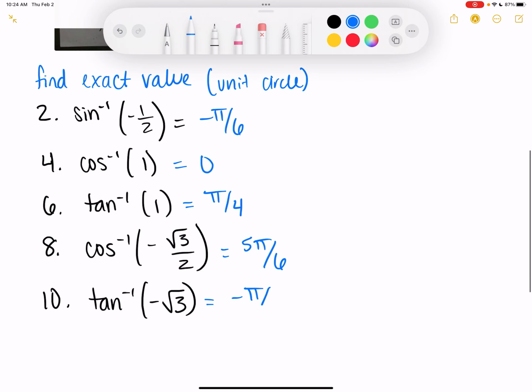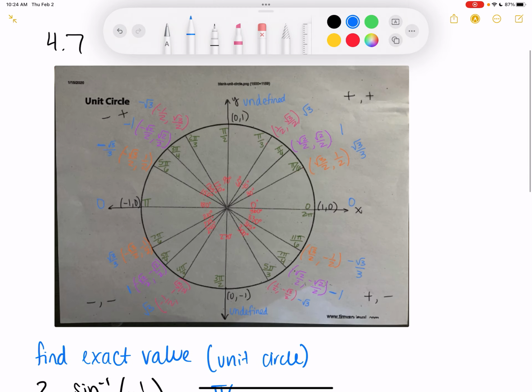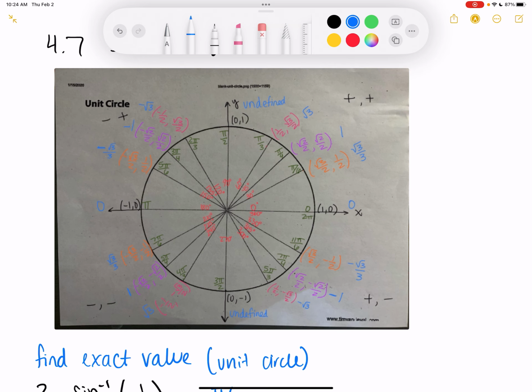Wait, so how do we know if it's negative or not? So basically, tangent can only occur on the right side of the unit circle, so we can only look at that side of it. And it has to be from minus pi over 2 to pi over 2. So we take any value below 0 and make it negative. So that is occurring at 5 pi over 3?